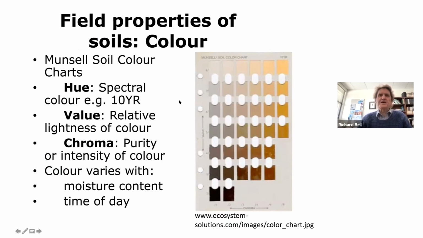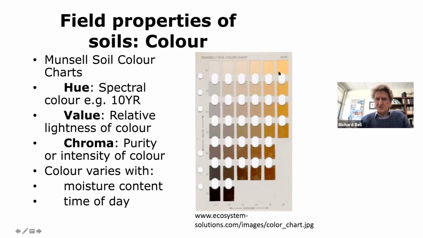Well, for soil, we have a particular selection or combination of soil colours because, of course, in soils, we tend to get more of the yellow and red and grey and brown colours and not so many of the other sorts of colours. And the Munsell soil colour charts, they're not cheap. I think they're currently $350 to $450 to get one.